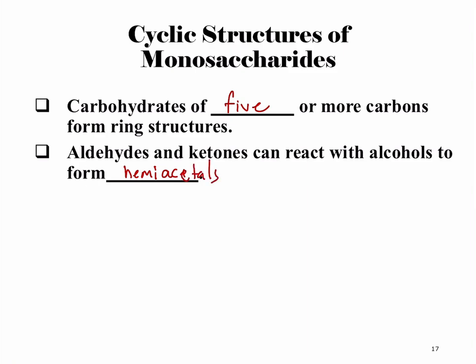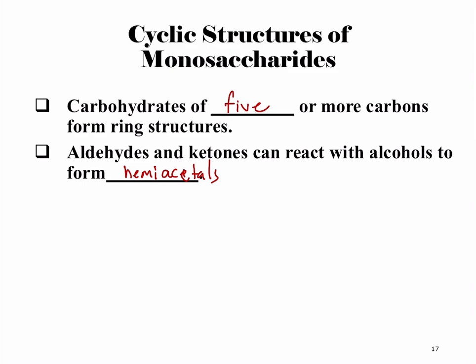And this gives a ring structure for saccharides, because what you're having is you have one alcohol side of the molecule reacting with a ketone or aldehyde side on the other side of the molecule.